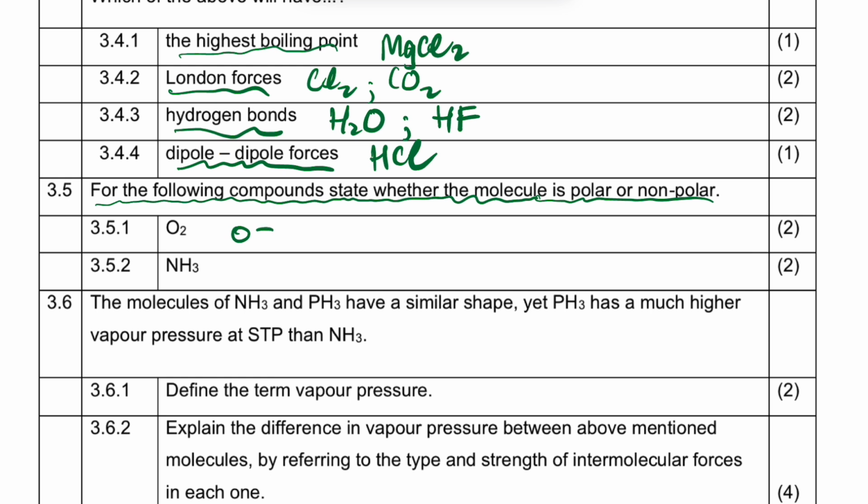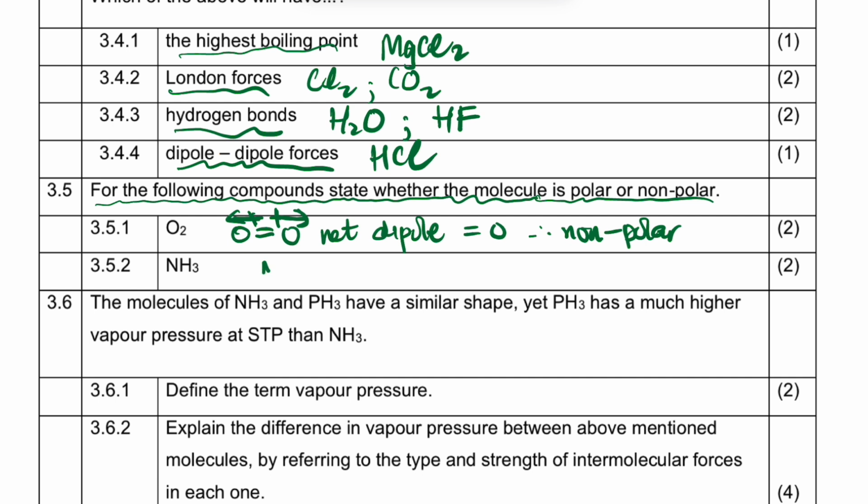The oxygen has a double bond, and then the net dipole moment there is equal to 0, so they equally attract the electrons. So this one, the net dipole moment is equal to 0, because this force and this force are equal in opposite direction. Therefore, it's a non-polar. Go to my other video, guys, when it comes to the polarity here.